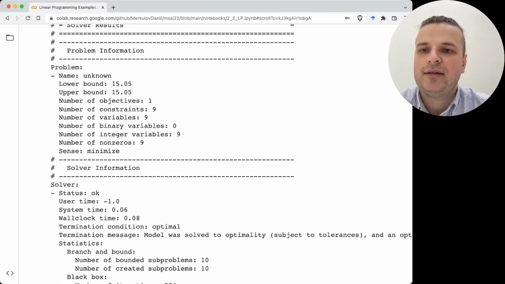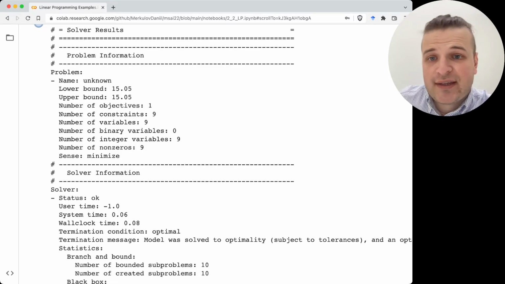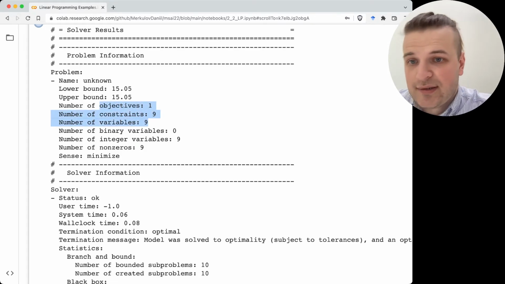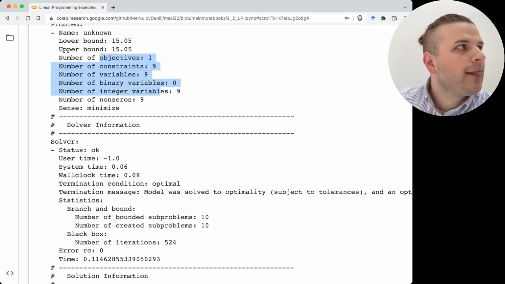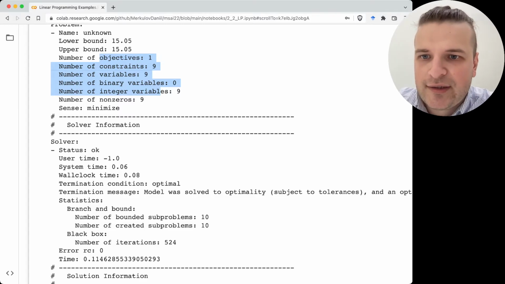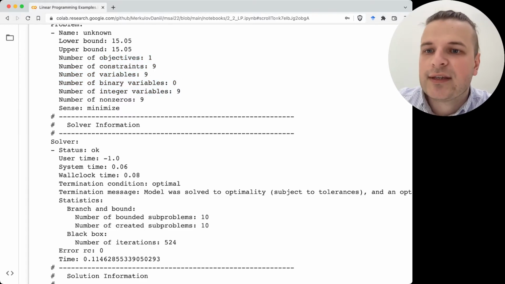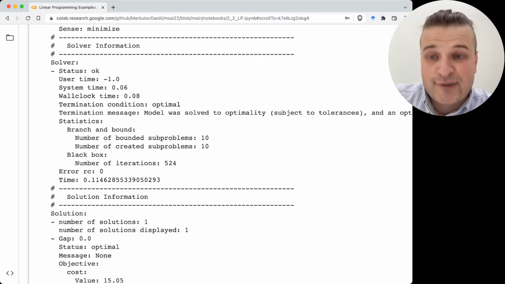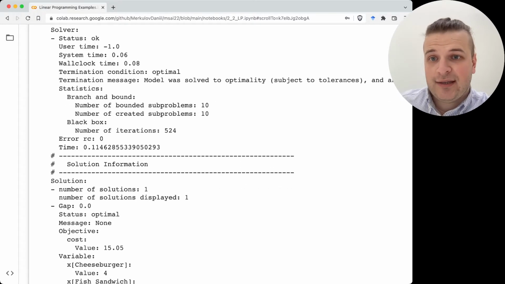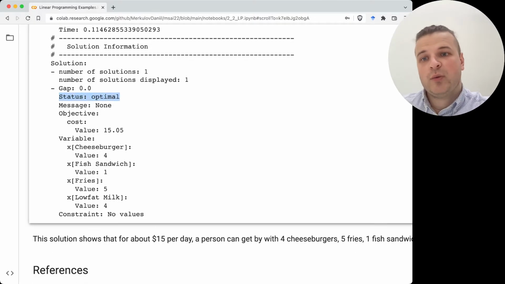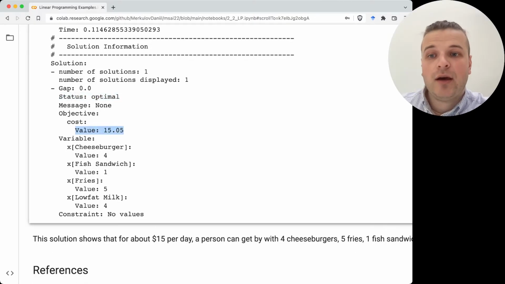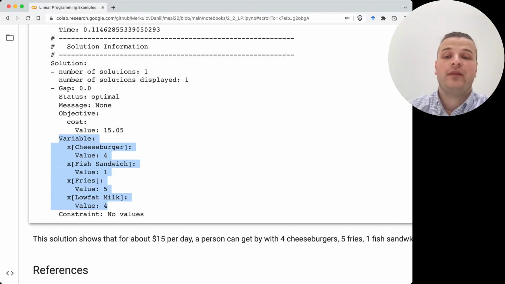Here we can see the number of objectives, constraints, variables. It can handle even, how to say, integer variables, right? Yes, that's written here. Solver status and the time that was taken to solve it. Optimal solution, we have the cost function and optimal value for each variable.